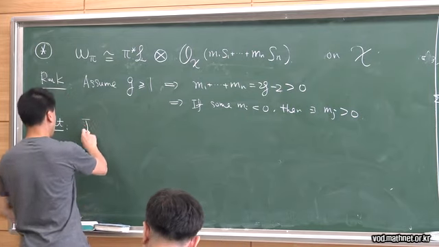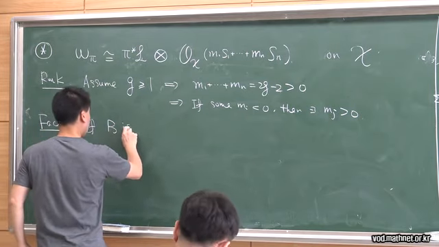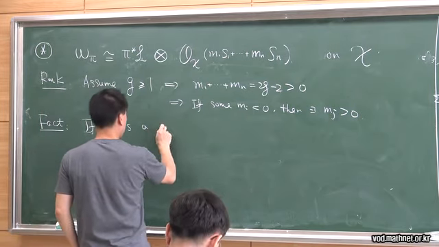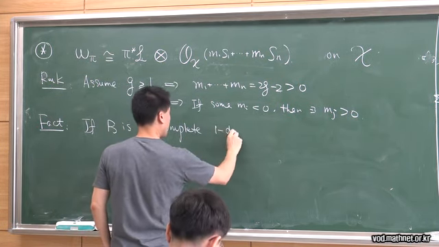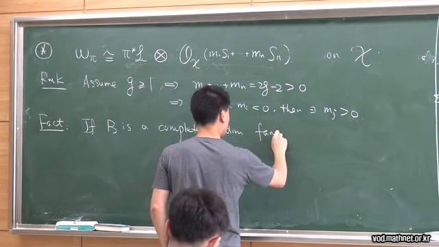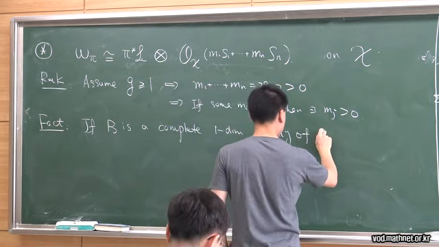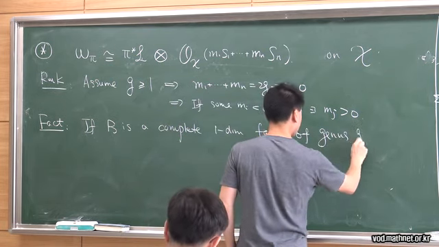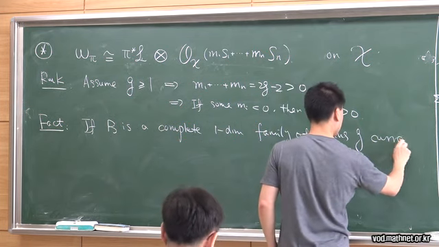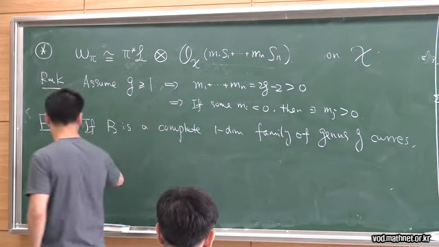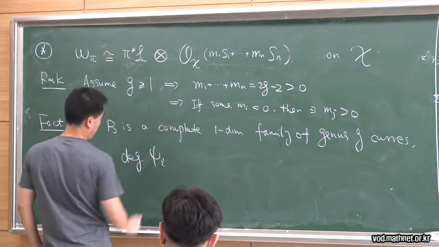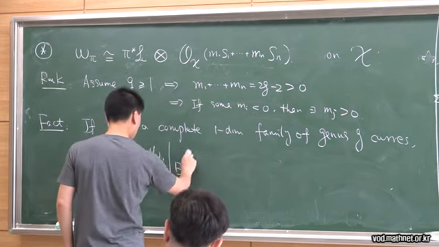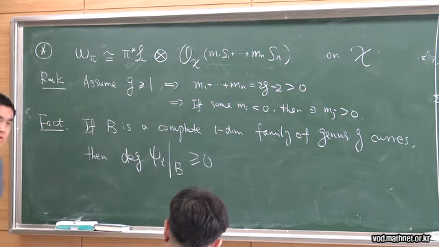So if B is a complete one-dimensional family of smooth genus g curves, then the degree of psi i restricted to B, for each i, is non-negative.